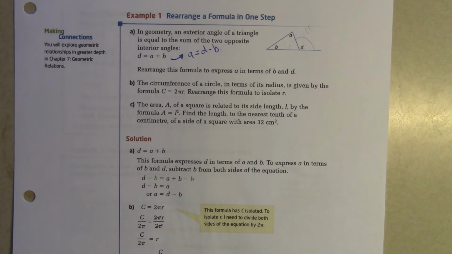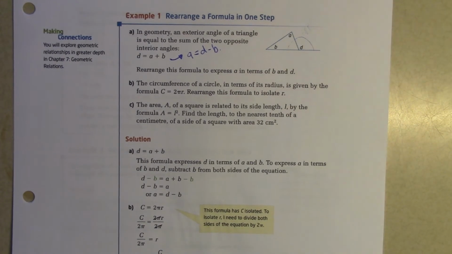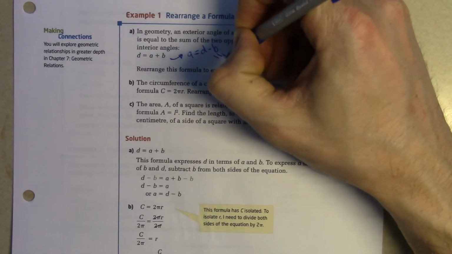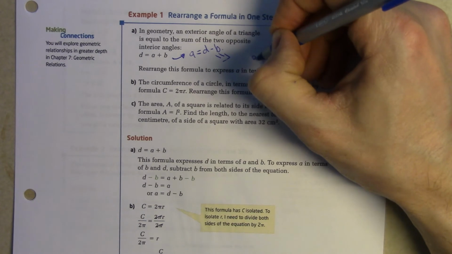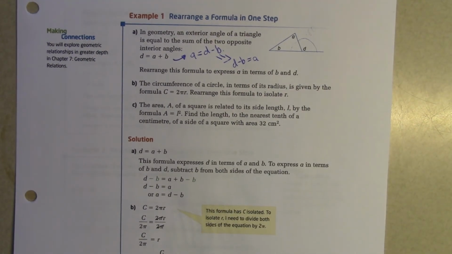I can write right equals left or left equals right. So that's why I wrote it with A on the left. Any questions there? That's the same thing as A is equal to D minus B.